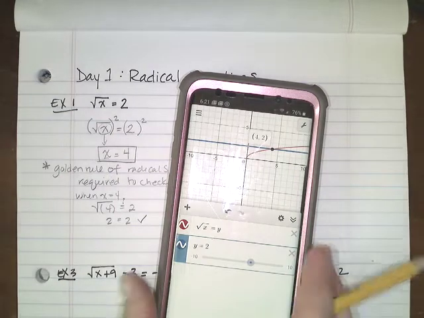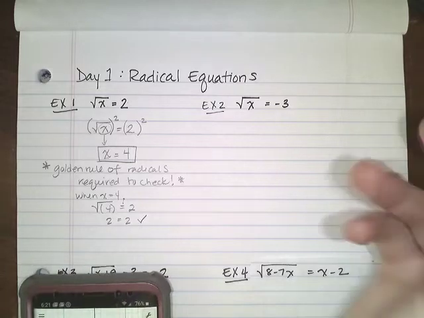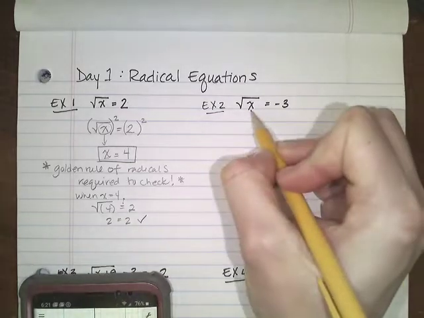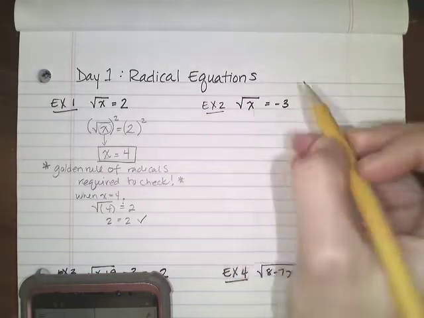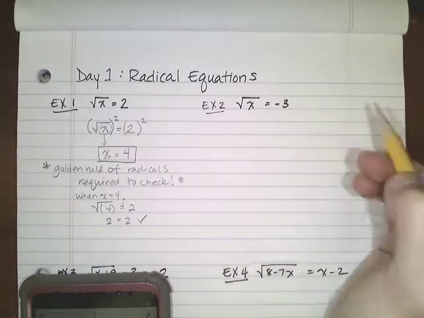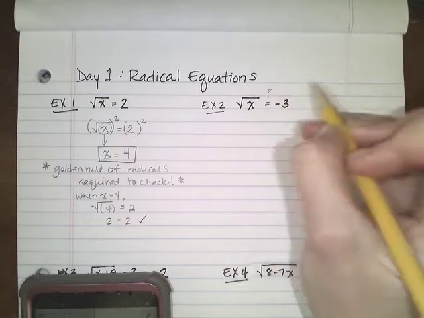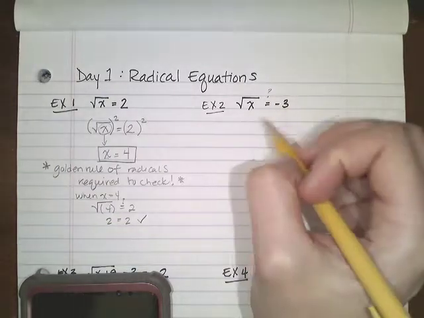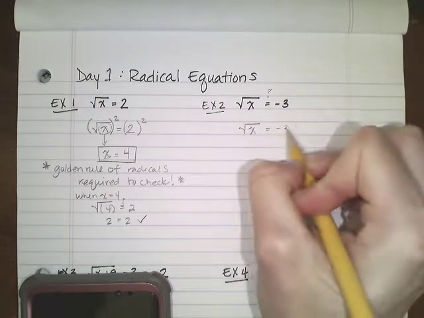Okay, so let's try equation number 2. Here I have the square root of x. Well, first thing that I see is the square root of something equals a negative. Can a square root of something equal a negative? So the first thing I want to do, I'm going to rewrite the problem.